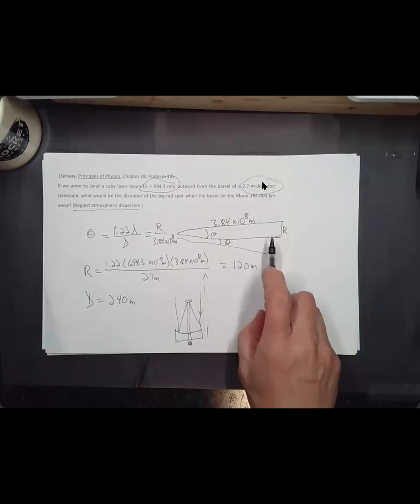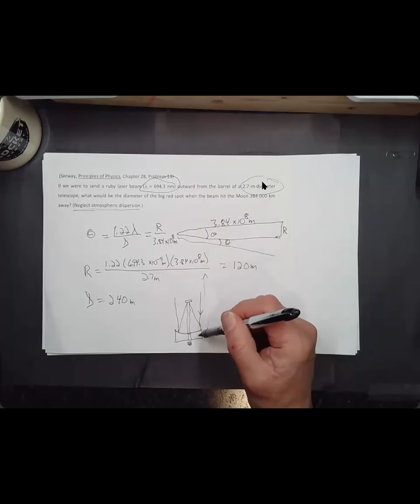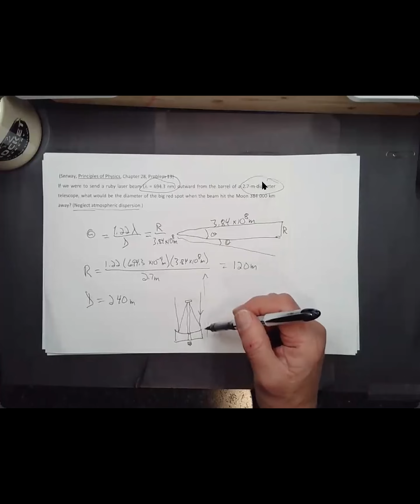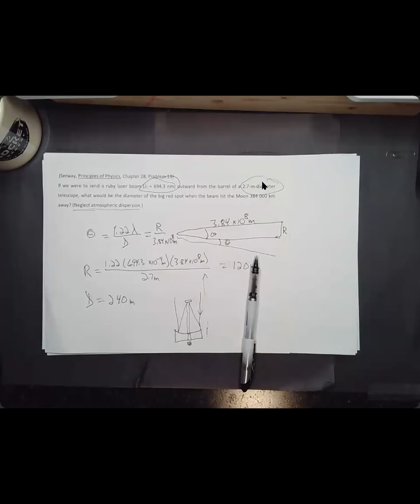In fact, with some of the better methods, this is called adaptive optics, by the way, they are starting to get pictures from the ground that are almost as good as what they can take from telescopes in space, like the Hubble Space Telescope or the James Webb Telescope.